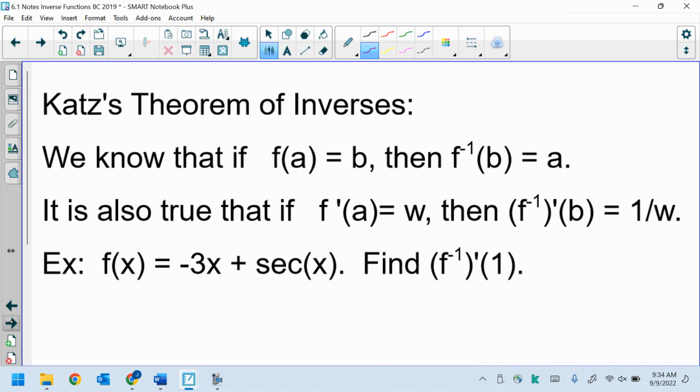Katz's theorem of inverses. We know that if f of a is equal to b, then f inverse of b is equal to a. Okay, we know that.